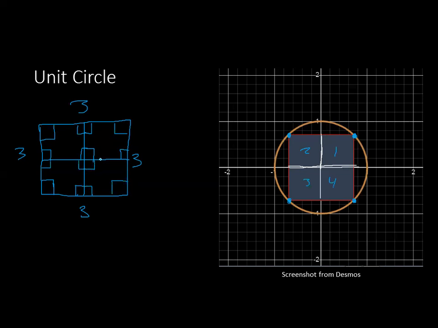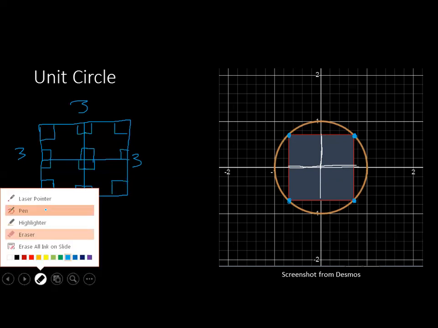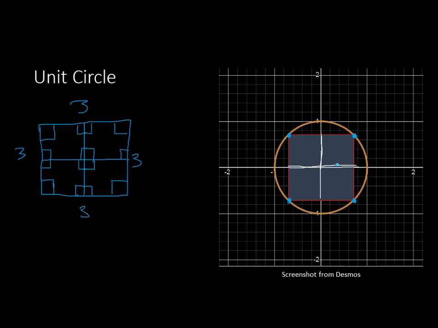Now, here's the thing. What we're going to do is find the coordinates of these vertices. So let's start at the top right. Let's just say we go here, from here going there.